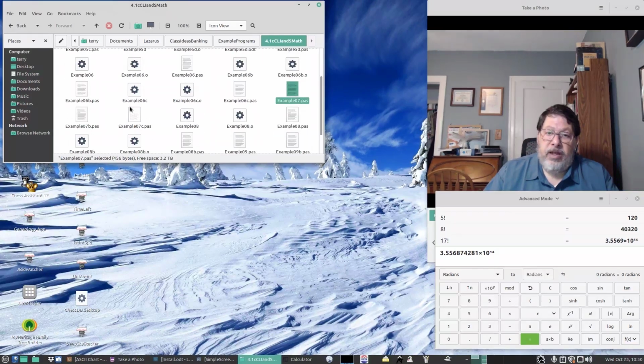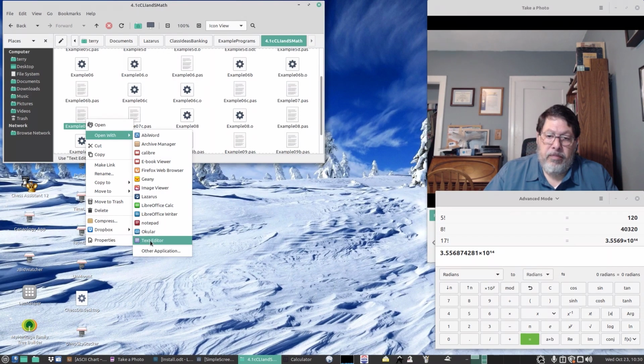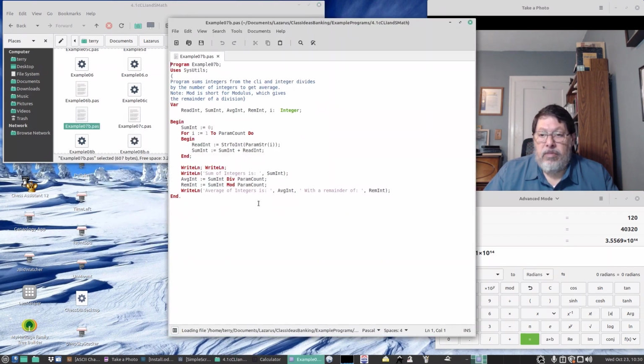In 7b here, I show the divide, which is this statement, and the remainder, which uses the mod operand.